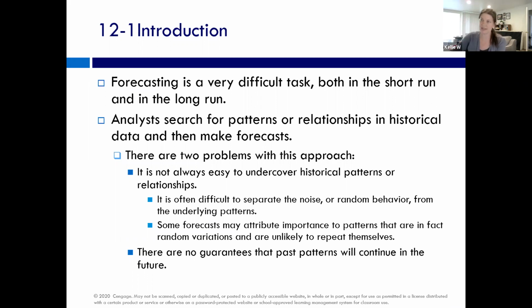And if you zoom into daily, you might have so much noise that you can't see the trend and you've lost it completely. So we're trying to separate out this noise, this random behavior that comes with a time variable, from the underlying pattern. And sometimes those patterns need to be part of our prediction, which adds another layer of complexity.